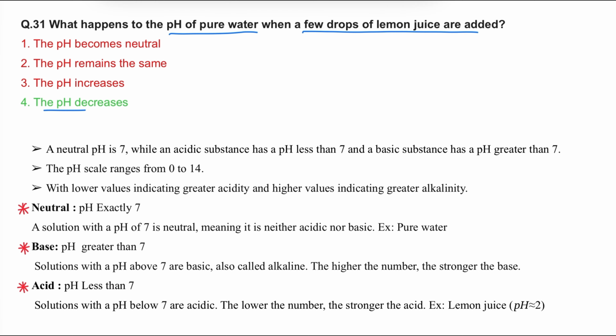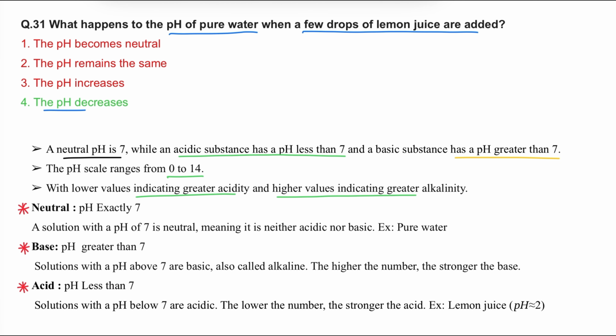For a neutral substance, pH is 7, and for acidic substance, pH is less than 7. For basic substance, pH is greater than 7. This pH scale varies from 0 to 14, with lower values indicating greater acidity and higher values indicating greater alkalinity.